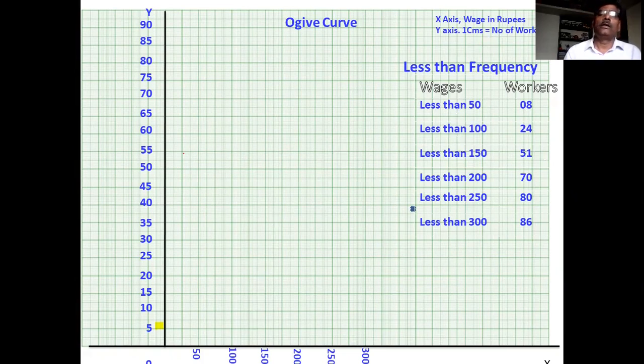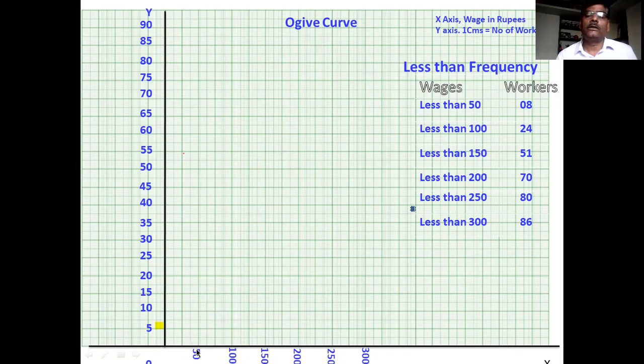Less than 300, and 86 is recorded. In the less than ogive curve, at the end value you have to record the maximum.